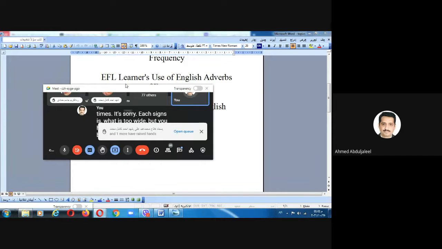Sometimes you are going to have information which is too general, but when you have so many things from different resources, you are going to discover lots of information. So you are going to limit it to a certain branch, and then you are going to write about it.